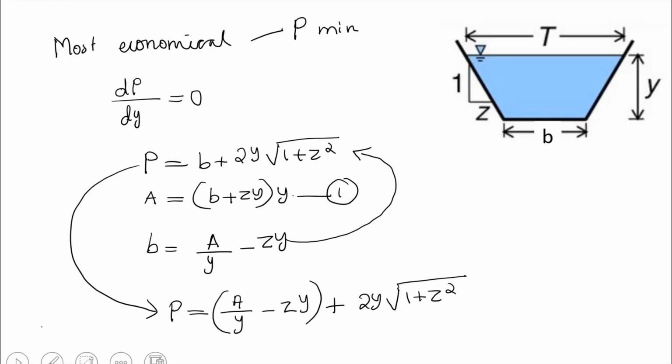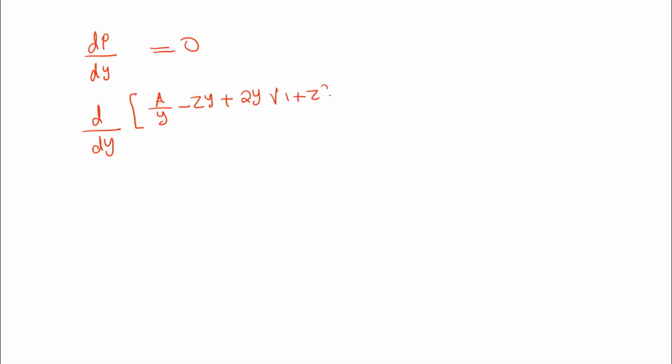Okay, so we are going to find out the value of dP by dy. So we are going to differentiate the perimeter with respect to the depth. That is dP by dy is equal to 0. So d by dy of a by y minus zy plus 2y in the root of 1 plus z square is equal to 0.